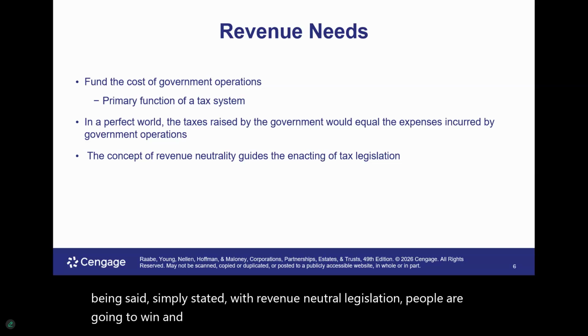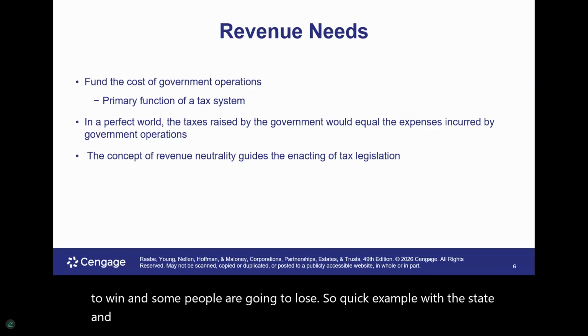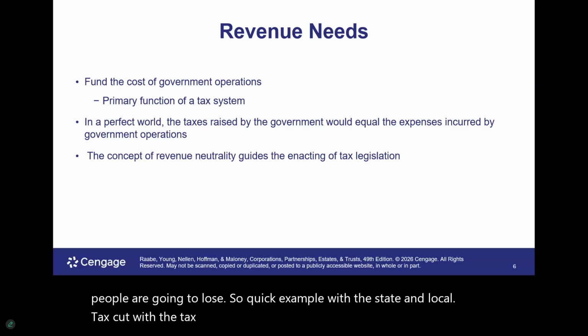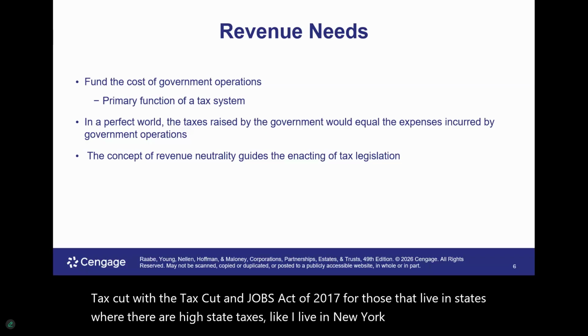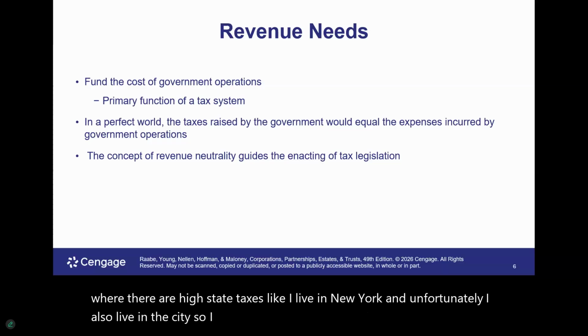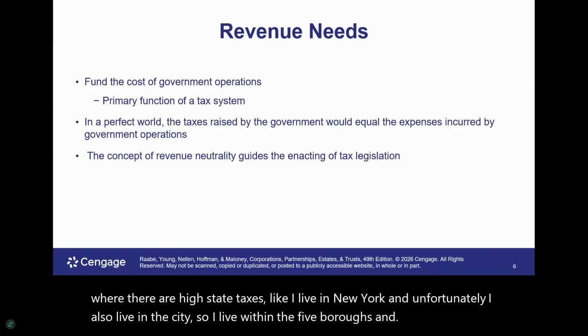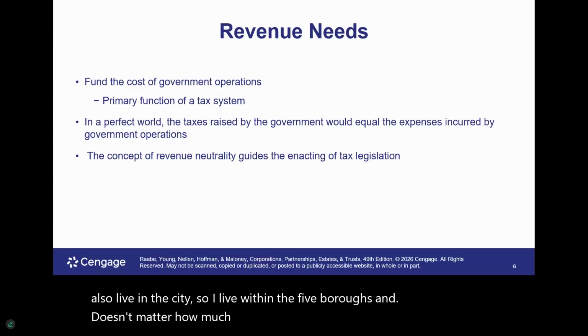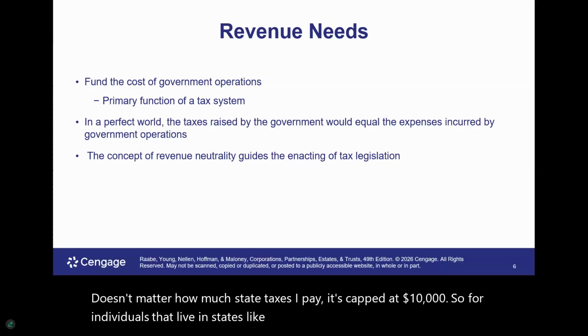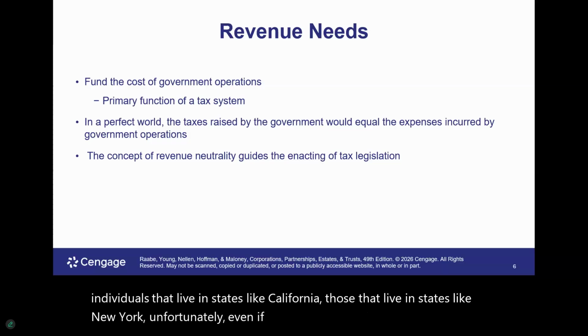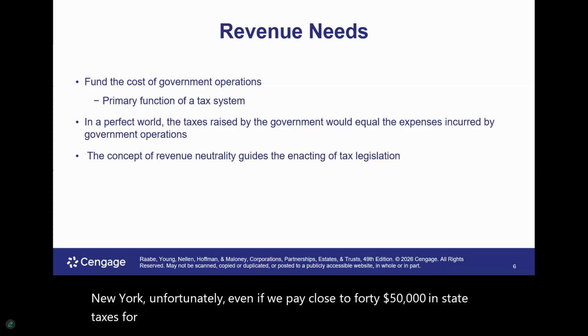A quick example is the state and local tax cap with the Tax Cuts and Jobs Act of 2017, for those that live in states where there are high state taxes. Like I live in New York, and unfortunately I also live in the city, within the 5 boroughs, and it doesn't matter how much state taxes I pay, it's capped at $10,000. For individuals that live in states like California and New York, even if we pay close to $40,000 or $50,000 in state taxes for the year, there's a cap of $10,000.